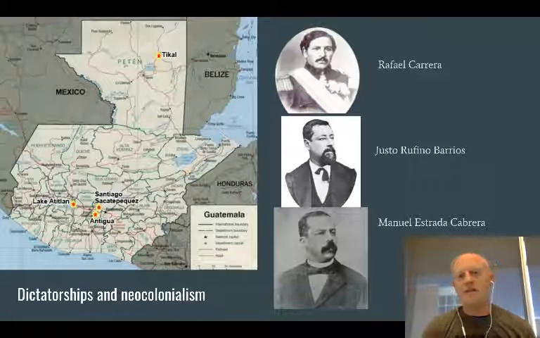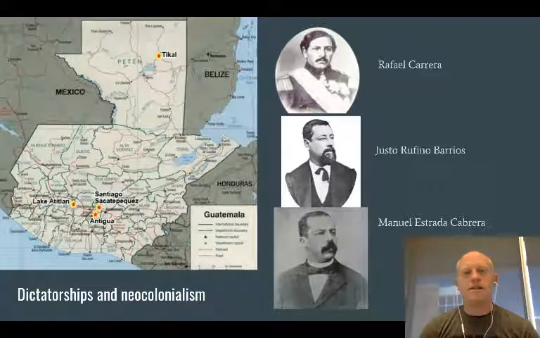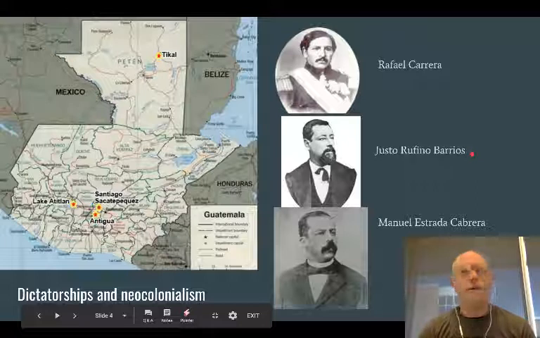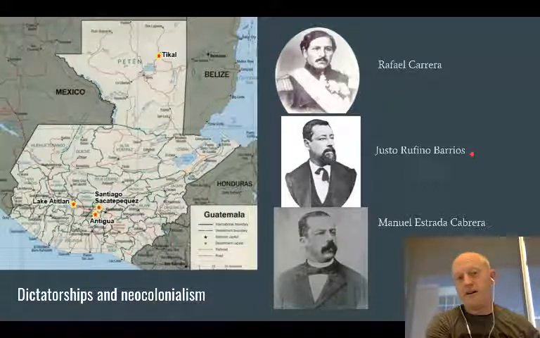There were smaller examples of other companies that were also trying to get a foothold in Guatemala, but United Fruit was really the largest one that controlled not just the economy, not just the production of bananas and sugar, but also politics as well. It had such a strong influence that these guys were willing to give in to many of the company's whims.